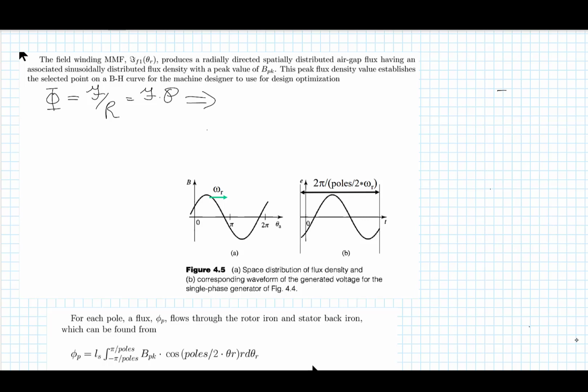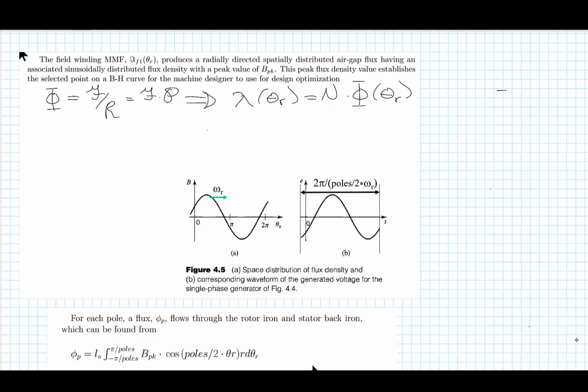What we're trying to come up with is a flux linkage between two windings that is a function of the rotor position, theta dependent. So that would be some other turns for another winding times this flux that we've come up with, and this flux has a rotor position dependency.